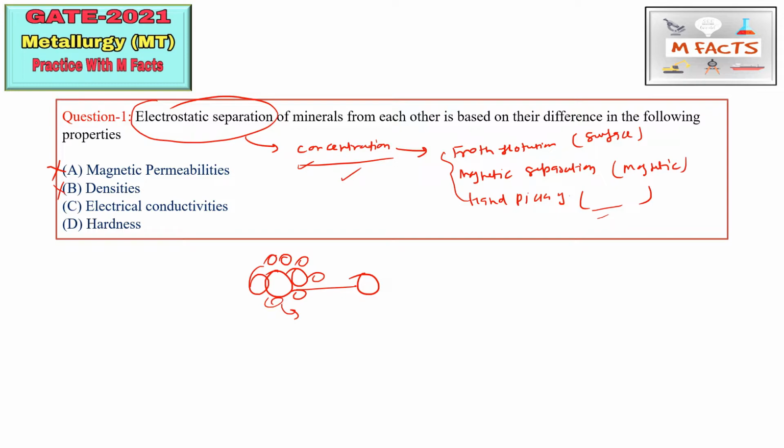Option C is electrical conductivities, and this is the correct answer. Electrical conductivity is the property utilized in electrostatic separation, where we see the differences in electrical conductivities for the separation of minerals. So for this question, option C is the correct answer.